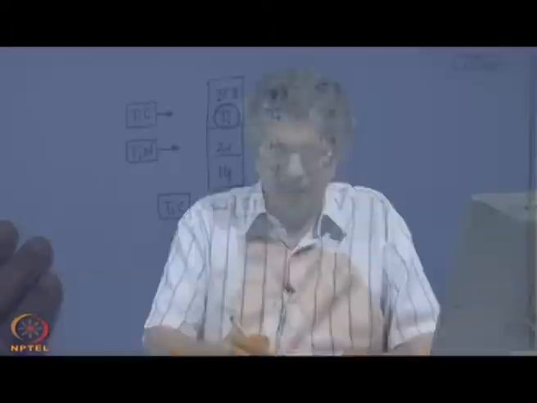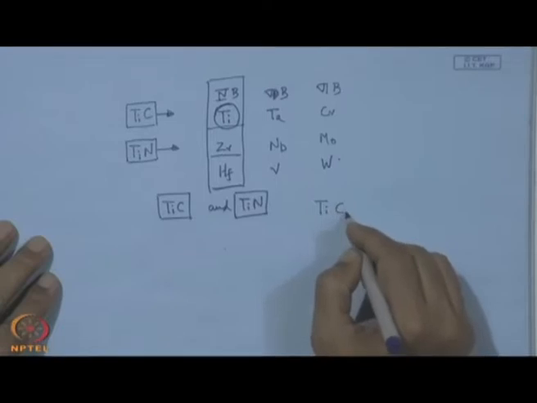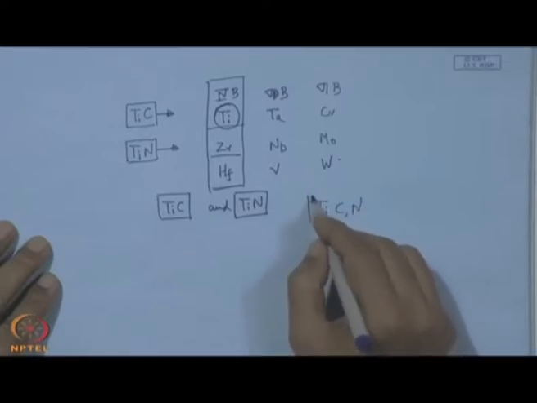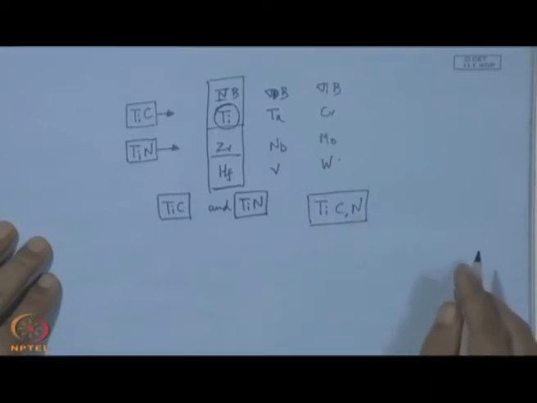That means, more chemical stability and anti-welding property, and in that case a balance between TiC and TiN is found to be quite effective, and that is why carbon and nitrogen are brought together to make a composite coating or a multiphase coating, which is known as titanium carbonitride.